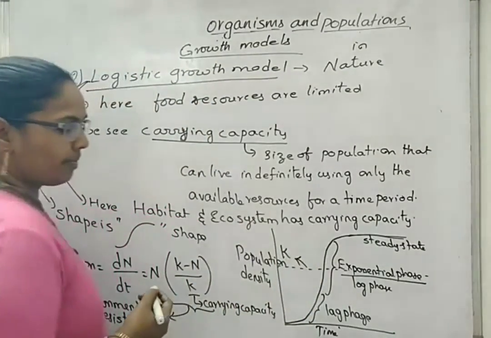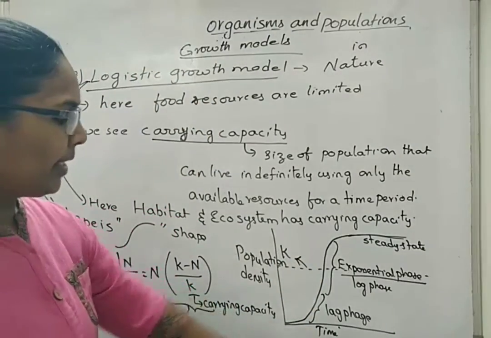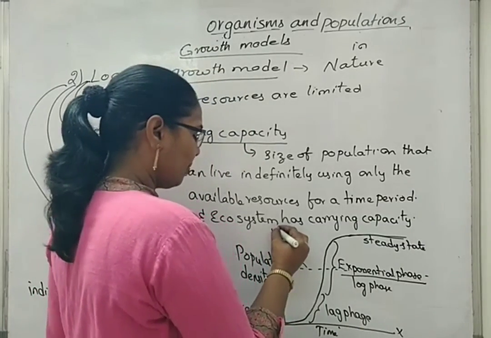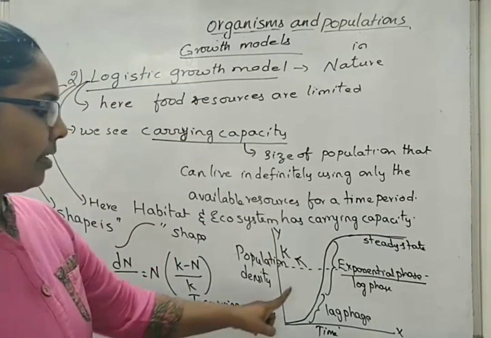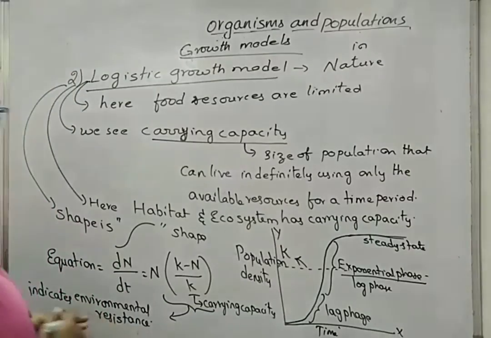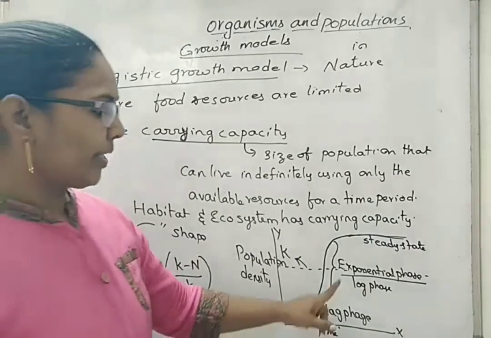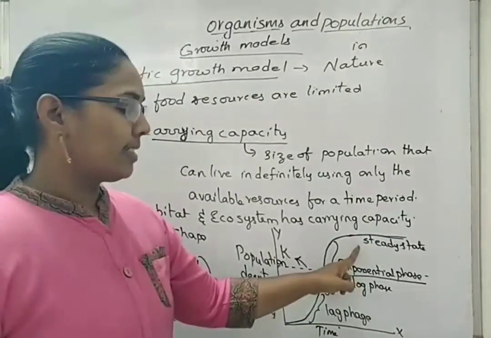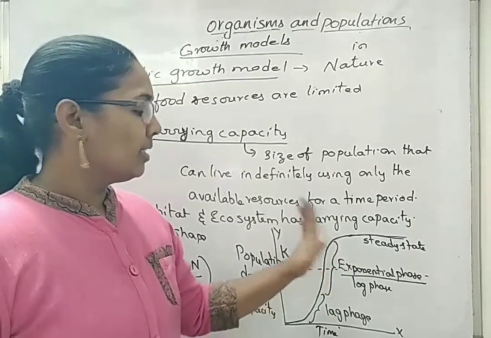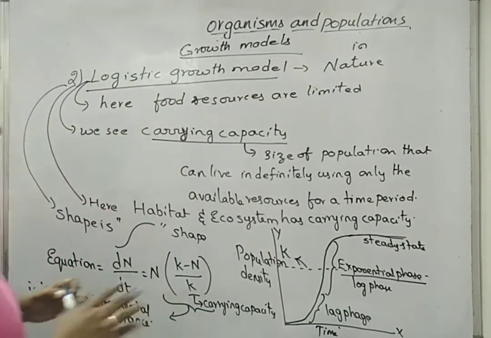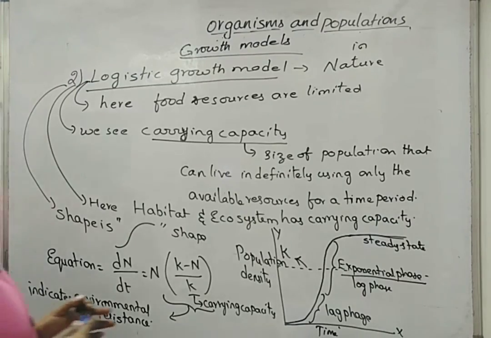This is time period on the x-axis and population density on the y-axis. Here we have drawn the sigmoid graph. The lag phase is very slow, the exponential phase is very fast, and in the steady state there is no increase or decrease; the number of organisms present will be constant.